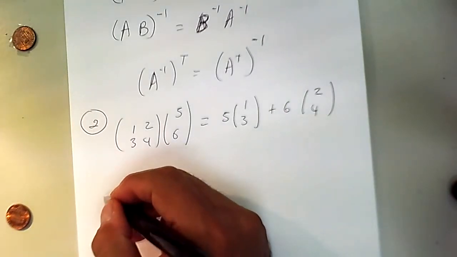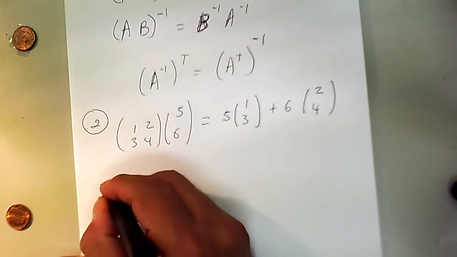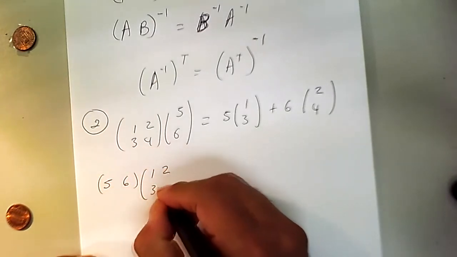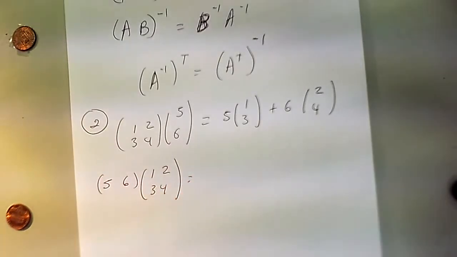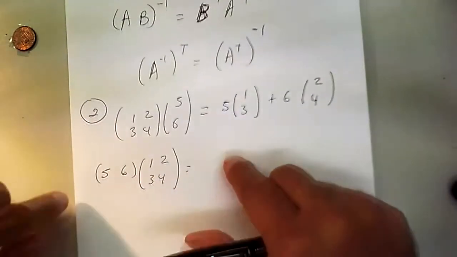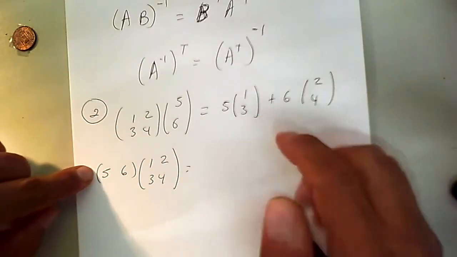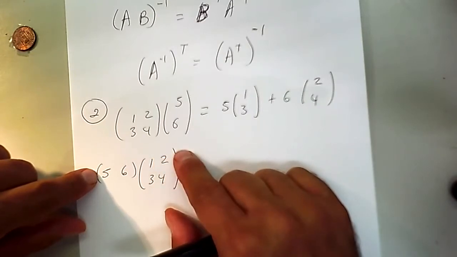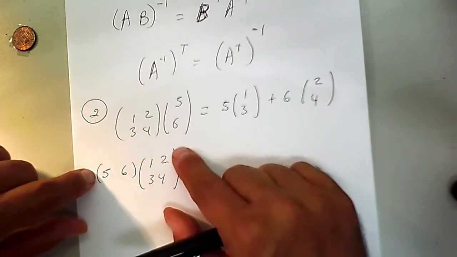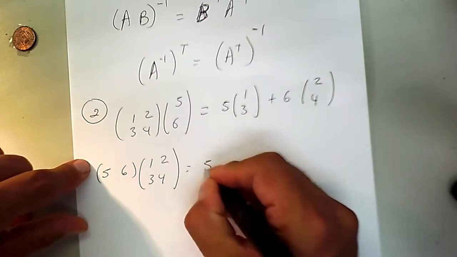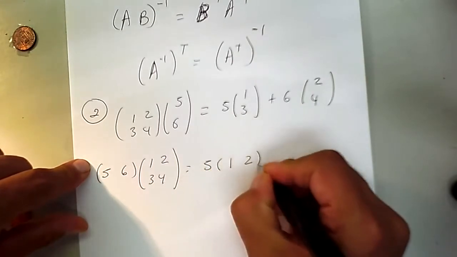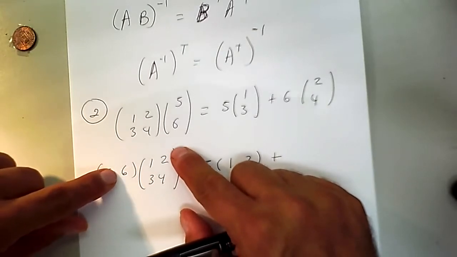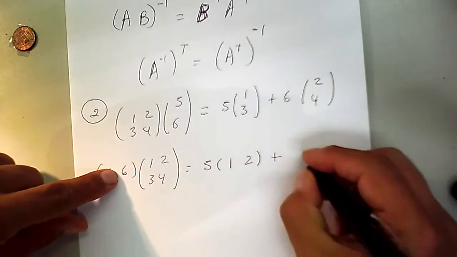If we multiply the row vector 5, 6 times the same matrix 1, 2, 3, 4, we end up with 5 times the row 1, 2 plus 6 times the row 3, 4.